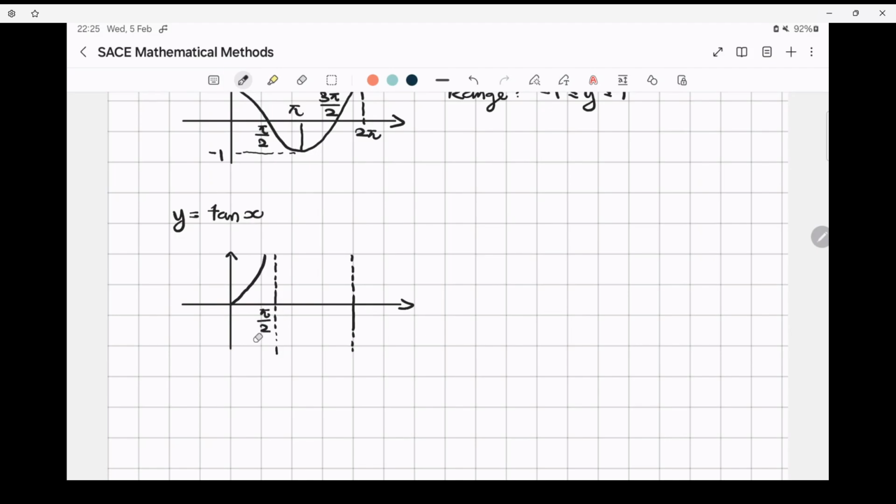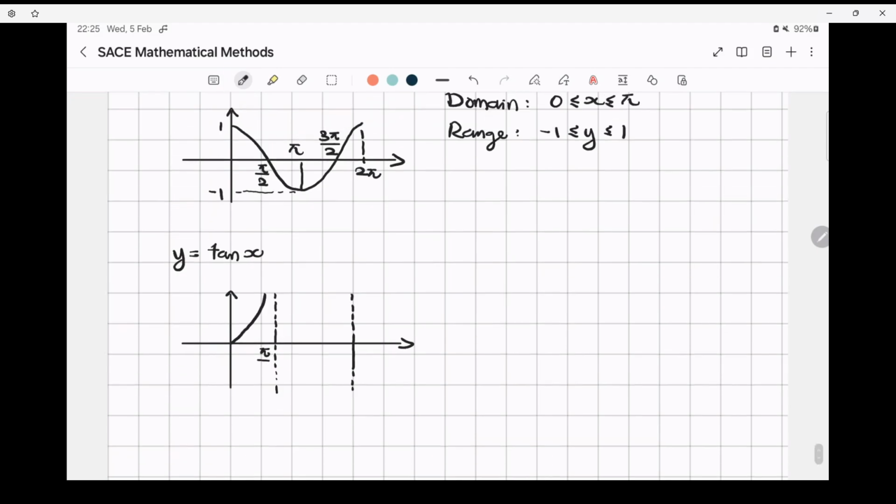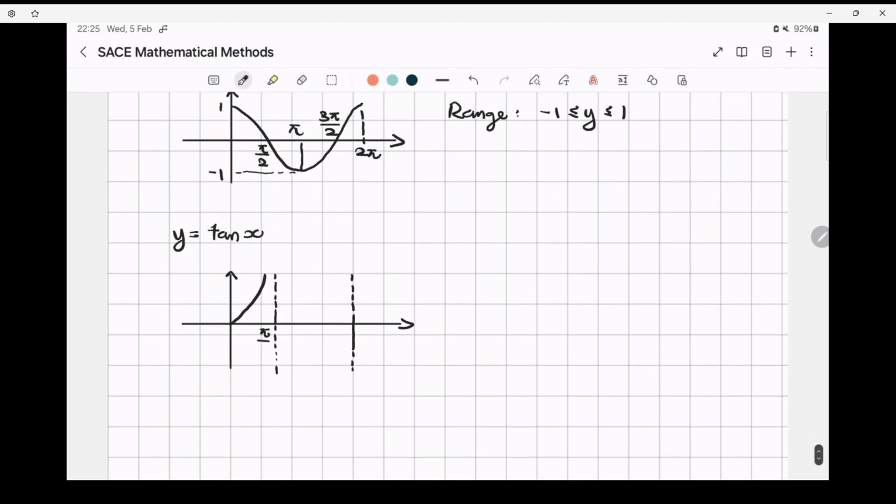You have some vertical lines that you can never cross for the particular graph. So those lines are what we call the asymptotes. So this is pi, this is 3 pi over 2, and then this is 2 pi. So we will talk more about the asymptotes in the next chapter.